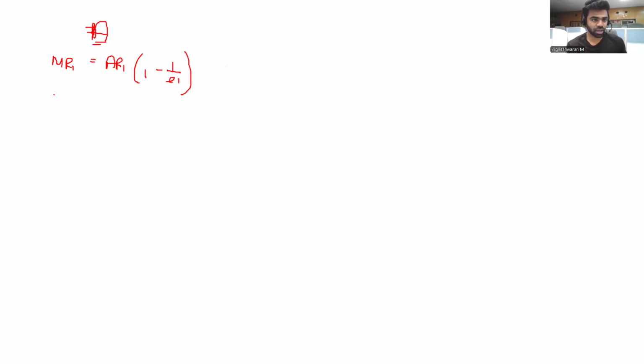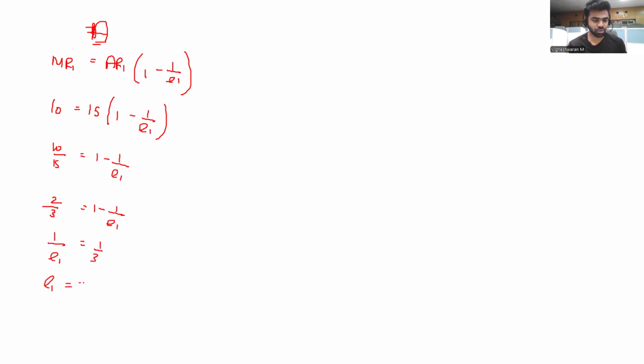MR1 is 10, and AR1 is the price in market A, that is 15, into 1 minus 1 by E1. So 10 by 15 is equal to 1 minus 1 by E1. So 2 by 3 is equal to 1 minus 1 by E1. So 1 by E1 will be equal to 1 by 3. So E1 is equal to 3.